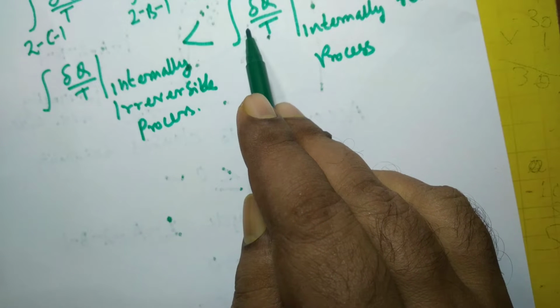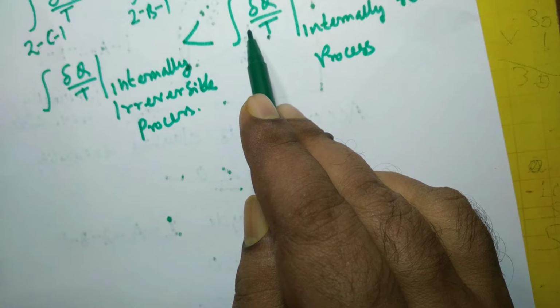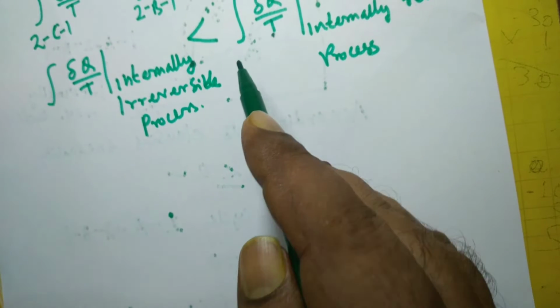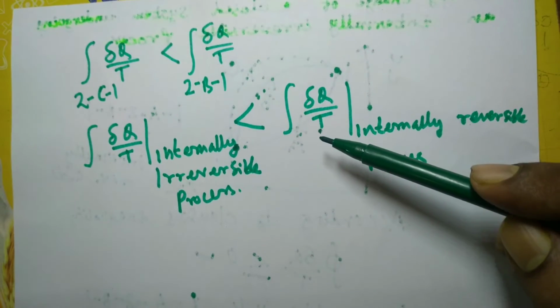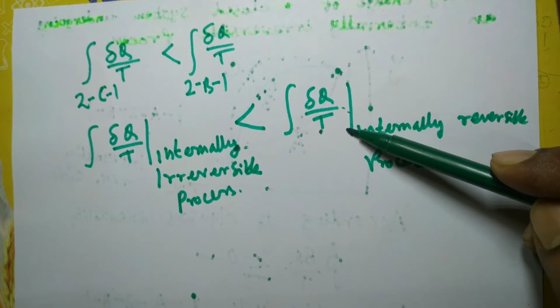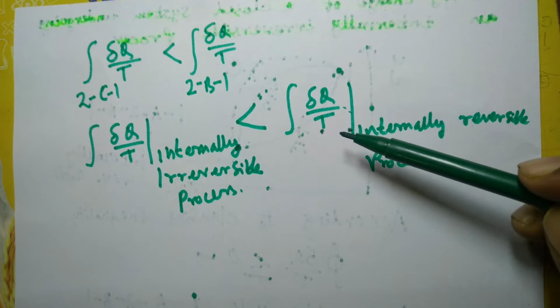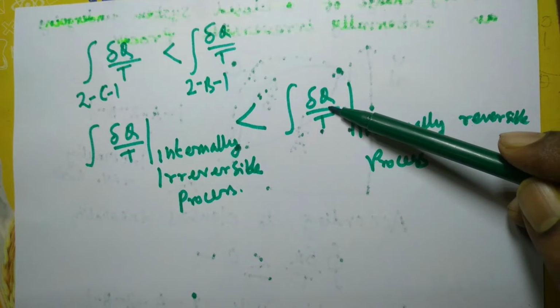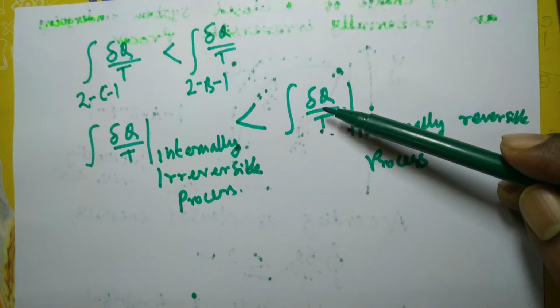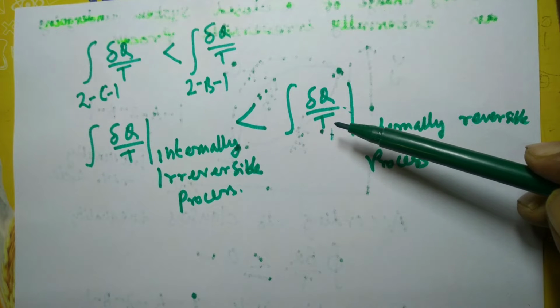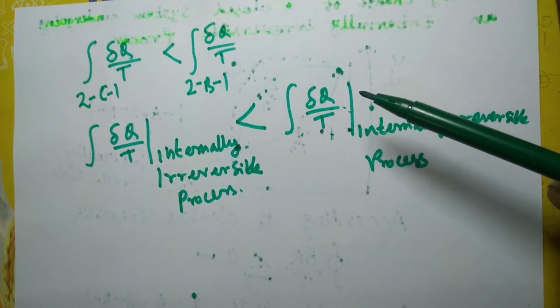The entropy change of a closed system during a reversible process is nothing but the integral of del Q by T evaluated along that process. For a reversible process, the integral of del Q by T is nothing but delta S, that is, the change in property.